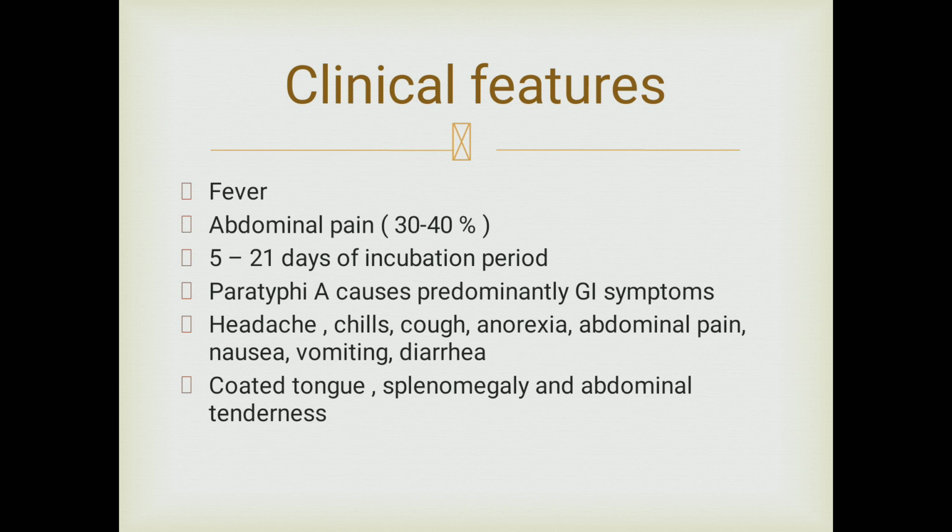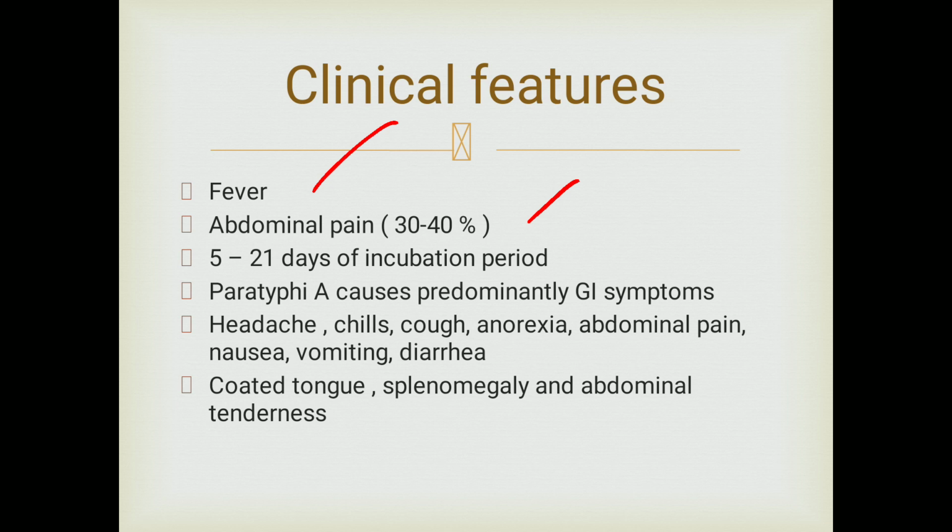The clinical features range from fever, and abdominal pain is seen in only one third of the patients. Incubation period ranges from 5 to 21 days, and paratyphi predominantly causes gastrointestinal symptoms. The other symptoms that can be seen are headache, chills, cough, anorexia, abdominal pain, nausea, vomiting and diarrhea. Hence predominantly the symptoms are related to the gastrointestinal tract, and hence it is called enteric fever.